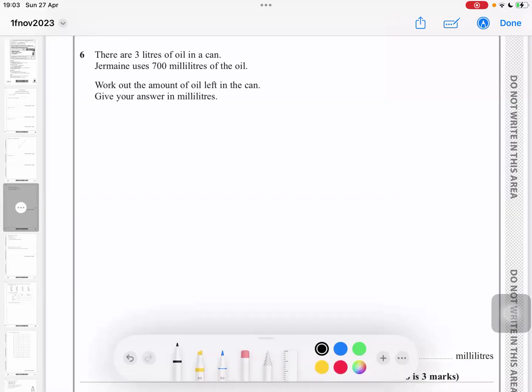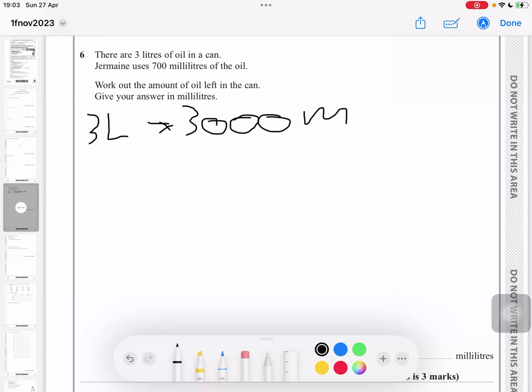Milli is, I think it's 1,000. So yes, 3,000 milliliters.